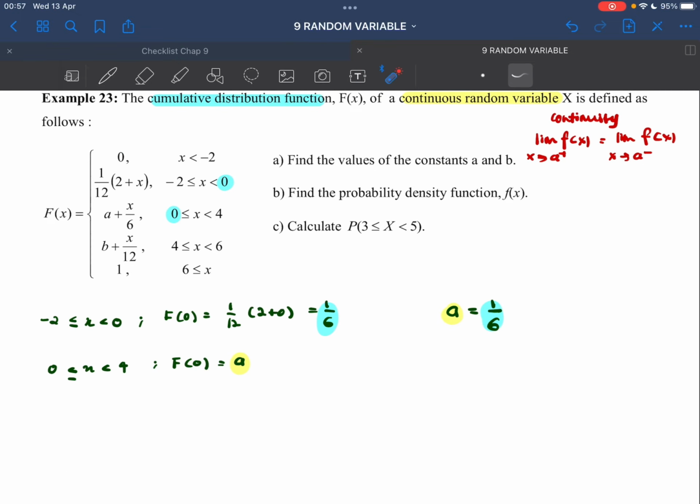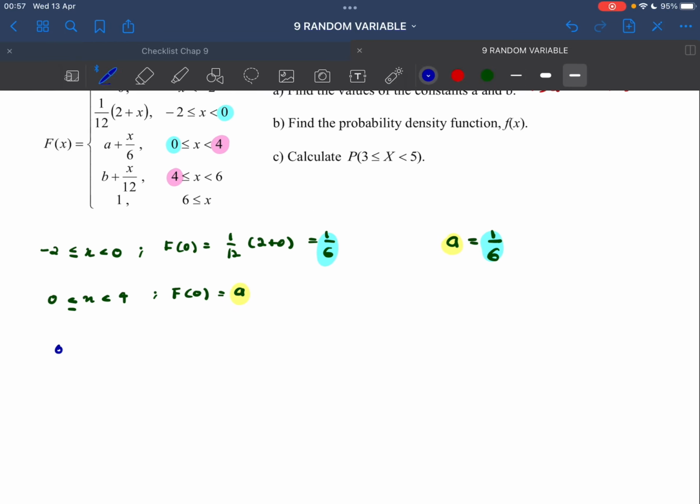We are going to do the exact same thing here, but for the 4 here. We substitute this 4 into this function and this 4 into the other function. For the range up to 4, we have f(4) equals a plus 4 over 6, where a is 1 over 6. 1 over 6 plus 4 over 6 gives 5 over 6.